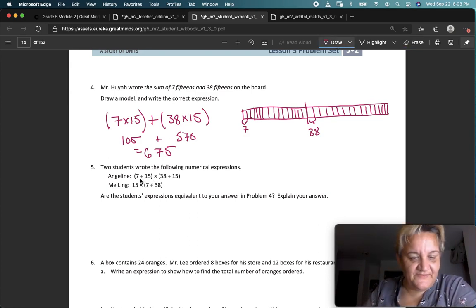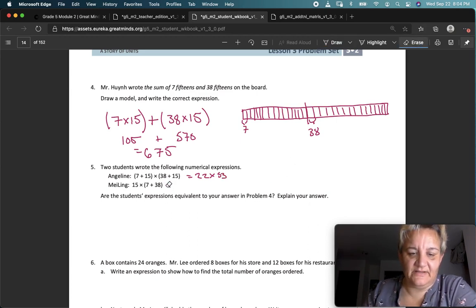So Angeline wrote 15 plus 7, right? Which would be 15 plus 7 is 22, and 38 plus 15, which would be 3, carry the 1 would be 53. All right.